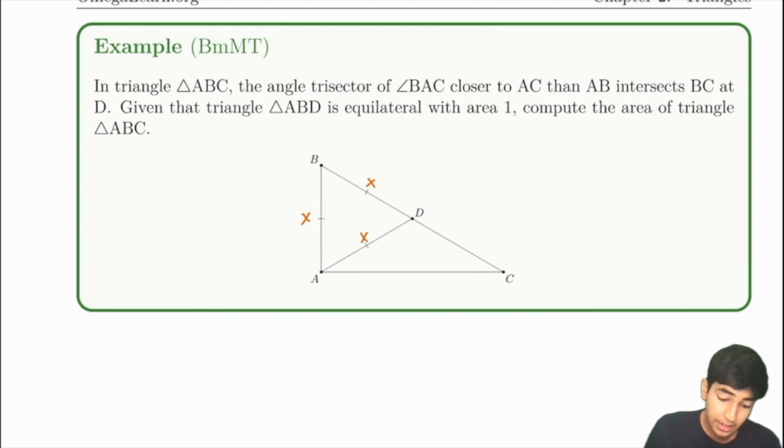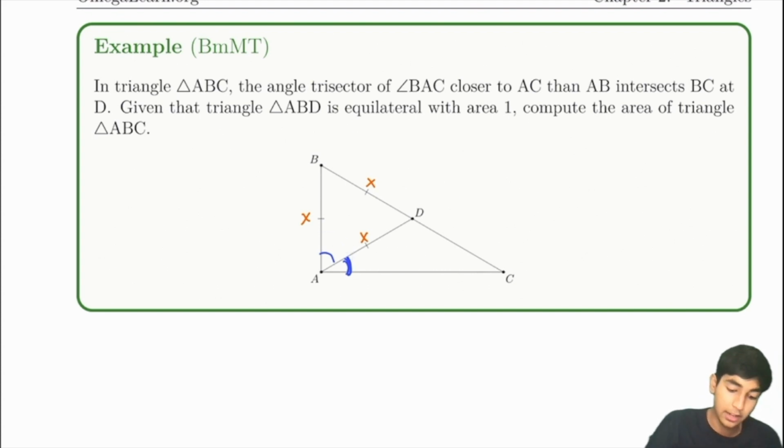And it says here angle trisector of BAC. An angle trisector is just something that divides the angle into three parts. Or in this case, it divides the angle into one part that makes up 1/3 of the total angle, and one part that makes up 2/3 of the total angle. So essentially, all that angle trisector means is this part over here will be 1/3 of the total angle.